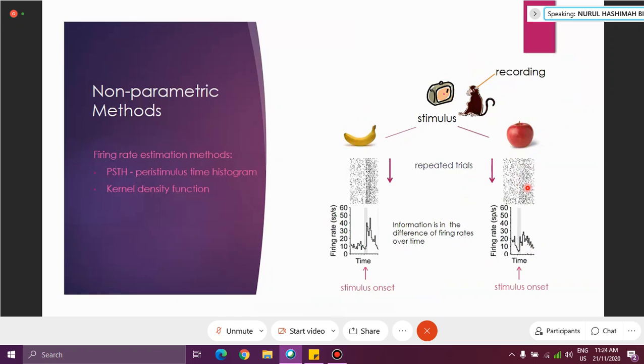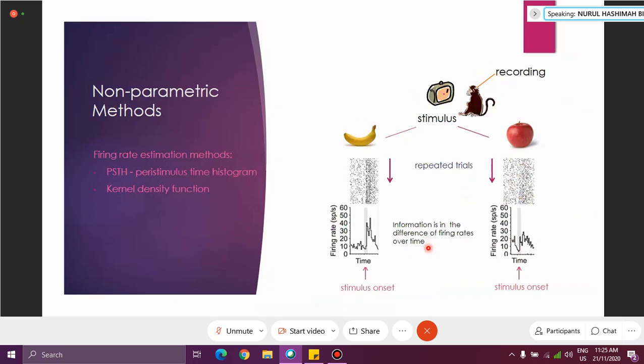So when it sees the apple, it will give some spike patterns, and we can calculate the firing rate using PSTH, the peri-stimulus time histogram, or a kernel density function.